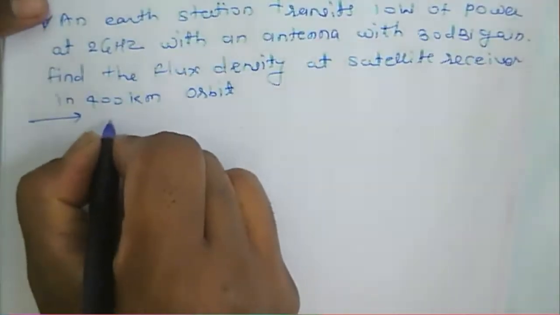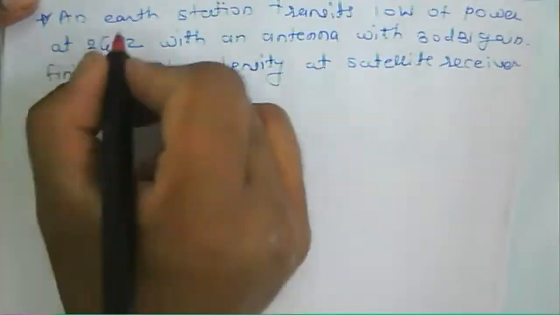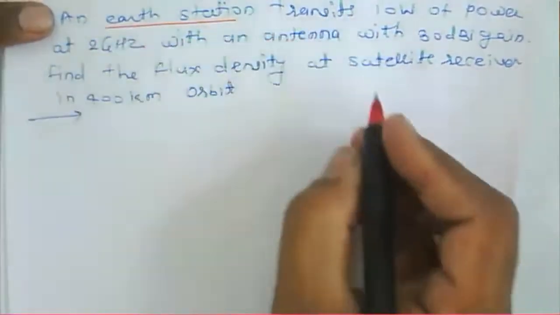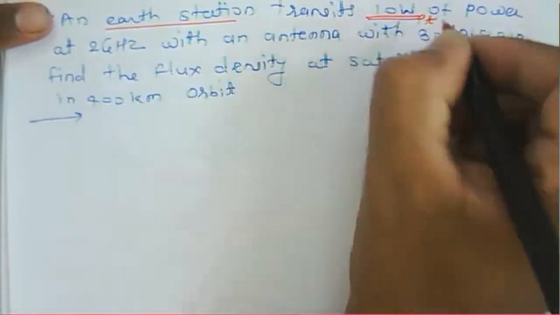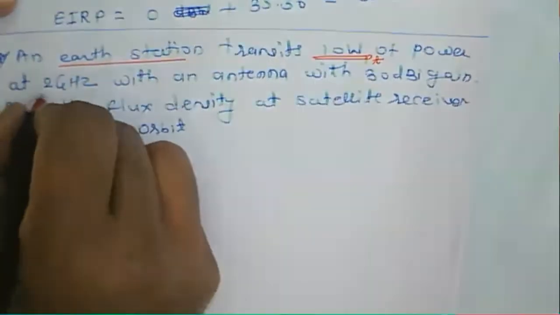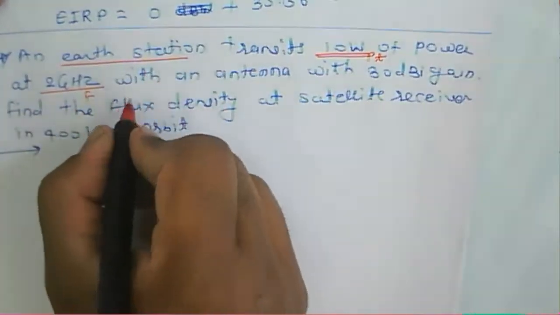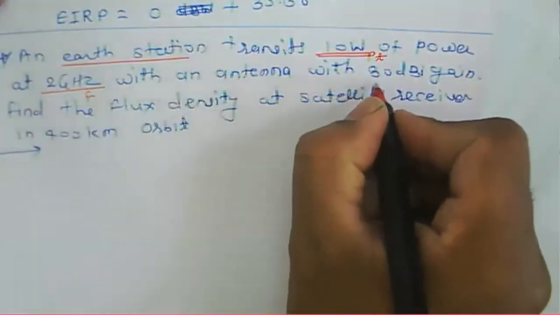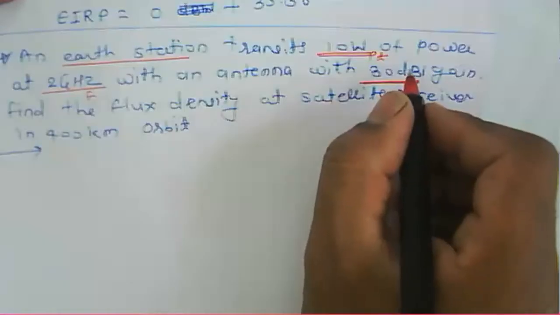From that, the earth station is the transmit side, so we have the power transmitted, PT, the transmitting power, at 2 gigahertz. The frequency is 2 gigahertz, and we can calculate lambda. The gain of the transmitting antenna is given.